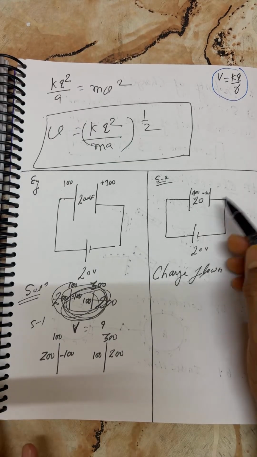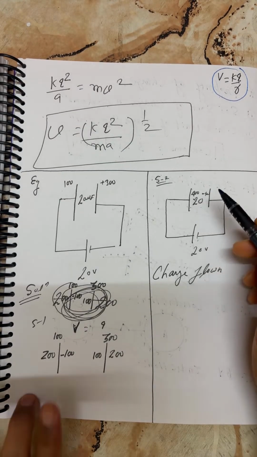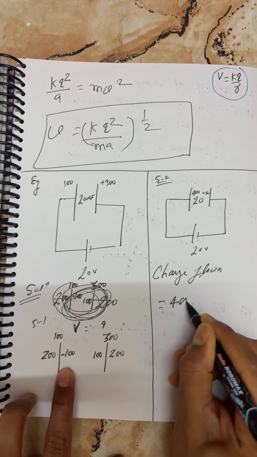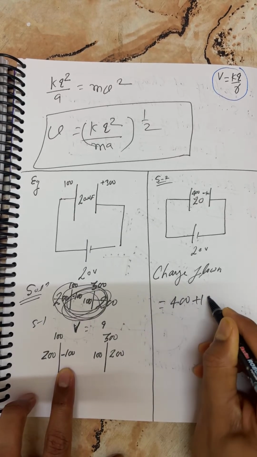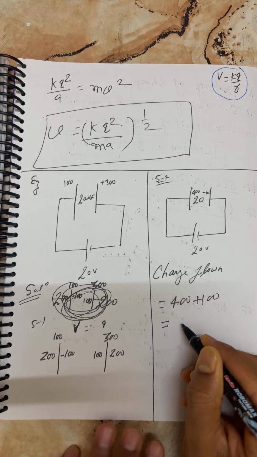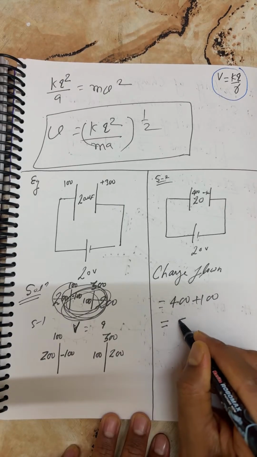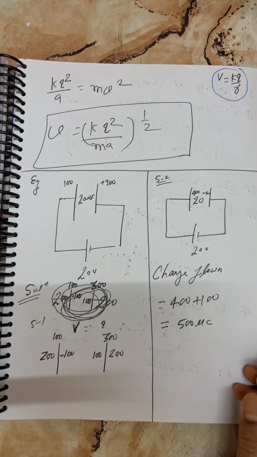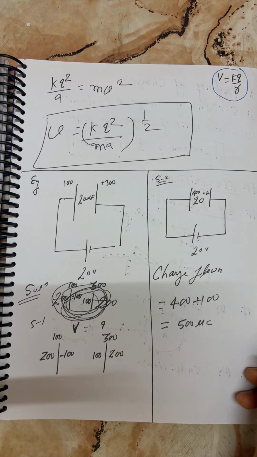Keep in mind, this is final minus initial. So this is 400 minus minus plus. So the charge flown through the circuit is 500 microcoulomb.